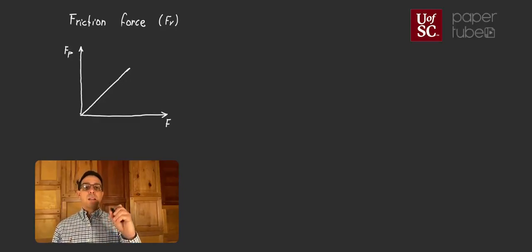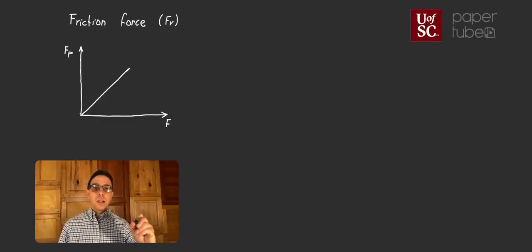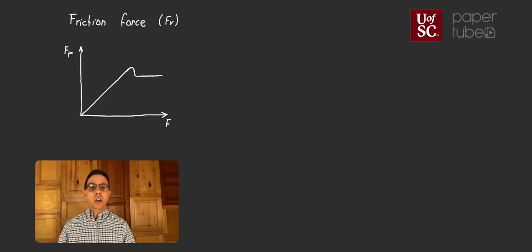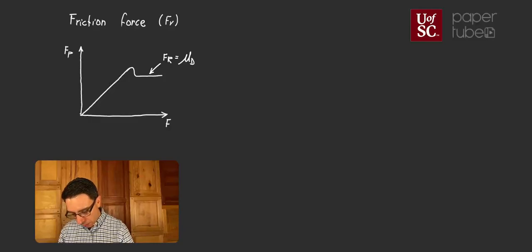Then after that, the friction force goes down a little bit, and then we have my dynamic friction force, and that becomes constant. So even if I push harder, I'm going to find a force pushing back, which is that dynamic friction force. So in this part over here, my friction force is going to be equal to a dynamic coefficient of friction times my normal force.